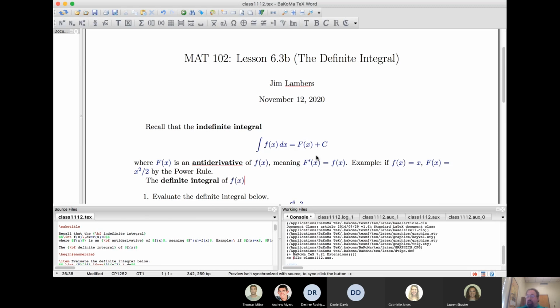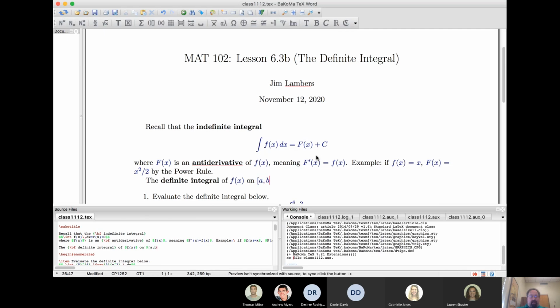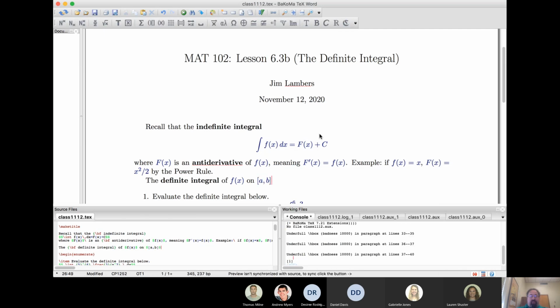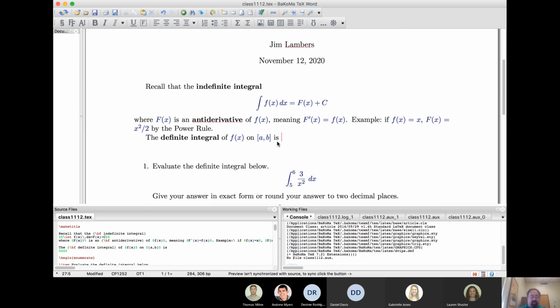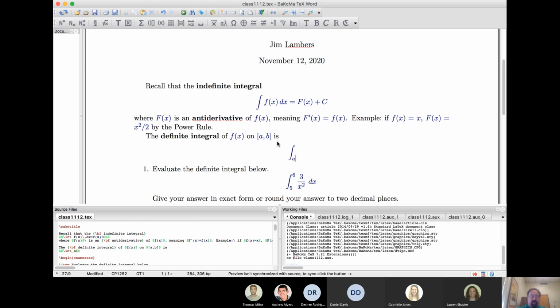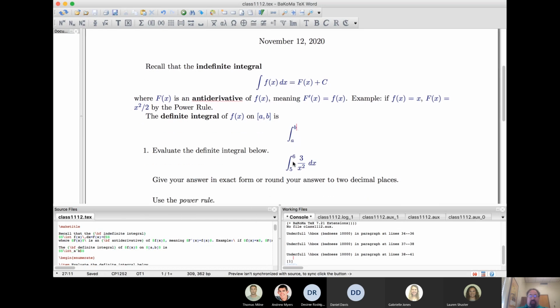Okay. Now, the definite integral, so that's also a given function, but now there's extra information. You're evaluating the definite integral on some given interval a, b. So both of these have to be specified. So it's an integral sign, but notice we have numbers a and b that are given. And you can see this from the first problem.